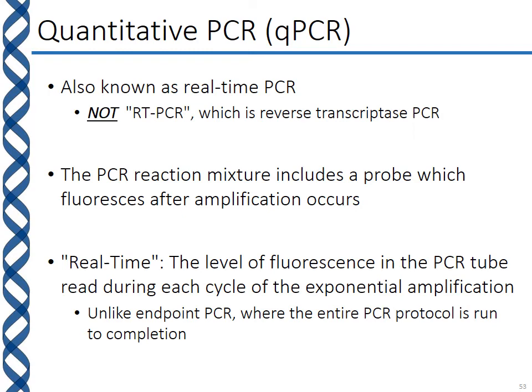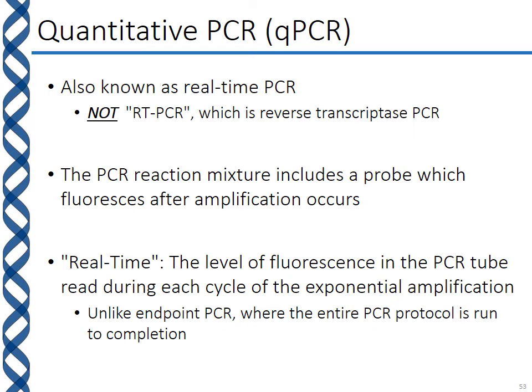And because this is occurring at each cycle of the amplification, it's different in the way that the results are read compared to endpoint PCR, which is where the entire PCR protocol has to be run to completion before you can detect the results. So when we say endpoint PCR, we call it that because you do have to run the entire protocol.